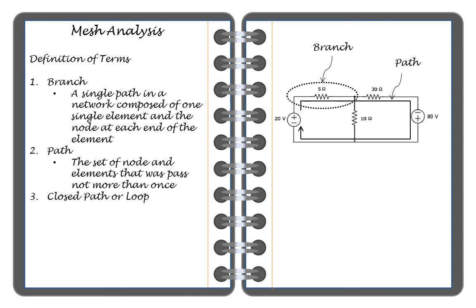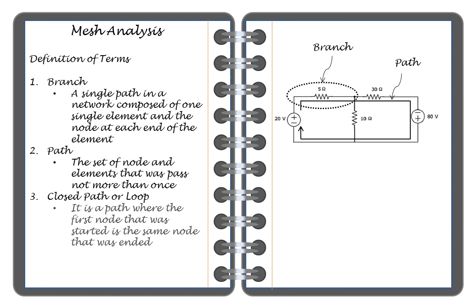And this path is also called a closed path or a loop, which is a path where the first node that was started is the same node that was ended. If you study it again, it starts on the positive side of the 20-volt voltage source and it ends up back at the same node.